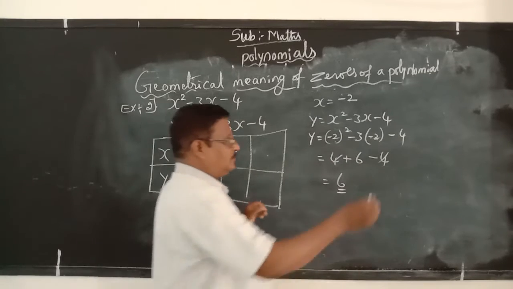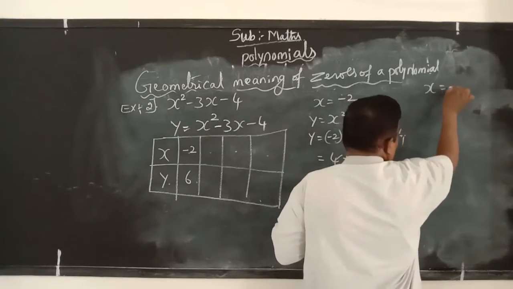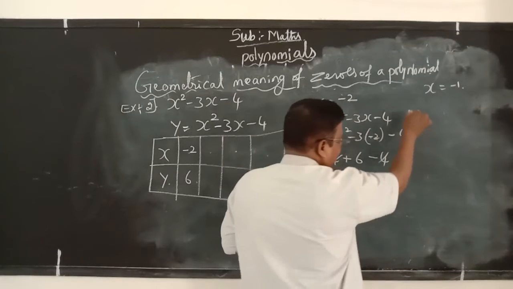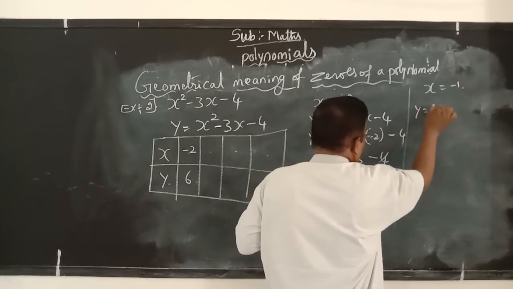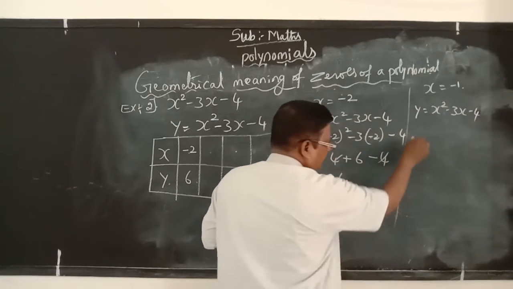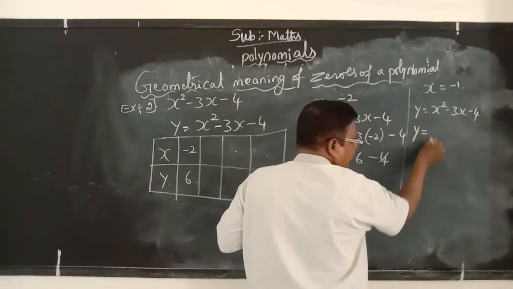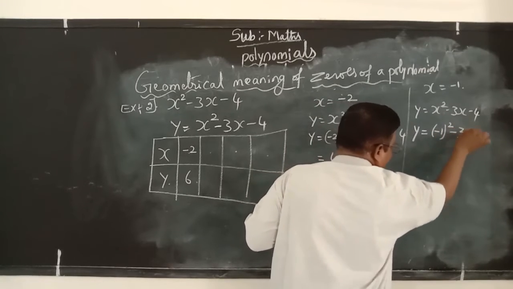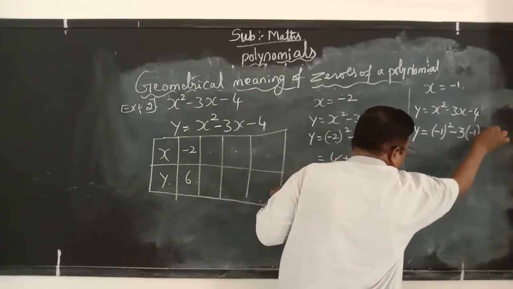x is equal to minus 1. When x is equal to minus 1, y is equal to x square minus 3x minus 4. Here instead of x you write (minus 1) whole square minus 3 into (minus 1) minus 4.